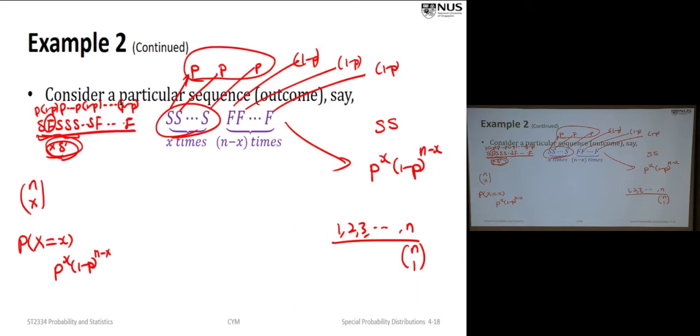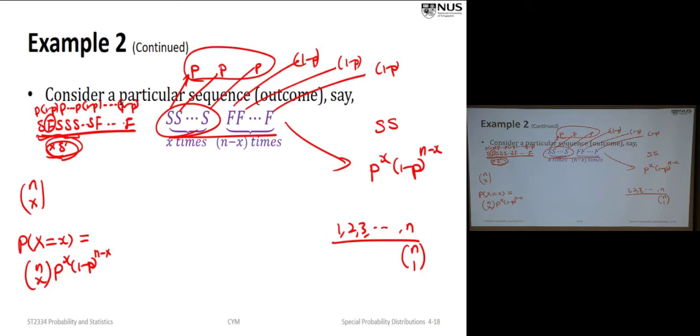Altogether, this is just one of those sequences that will give me X successes. So how many of them? So this is the probability of getting X successes out of n trials.